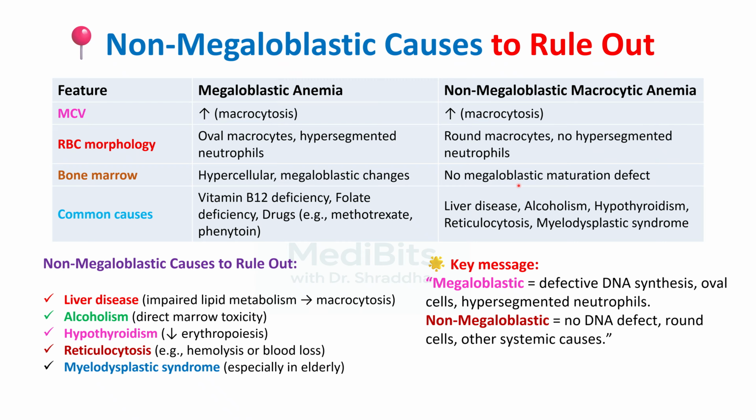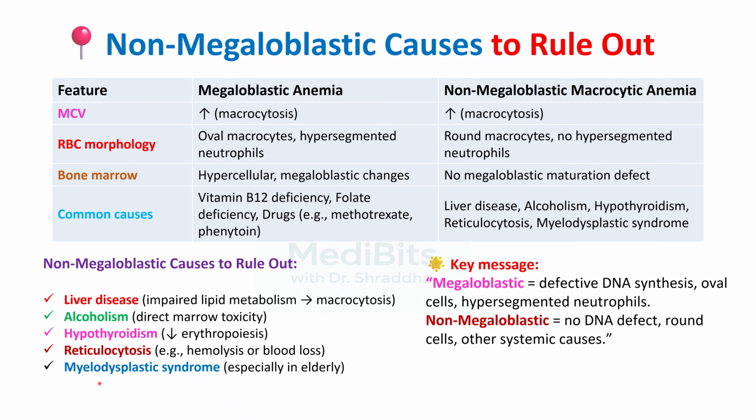Marrow looks different. Now causes to remember: megaloblastic causes include vitamin B12 deficiency, folate deficiency, and also drugs like methotrexate and phenytoin. Non-megaloblastic causes include liver disease, alcoholism, hypothyroidism, reticulocytosis, and myelodysplastic syndrome.